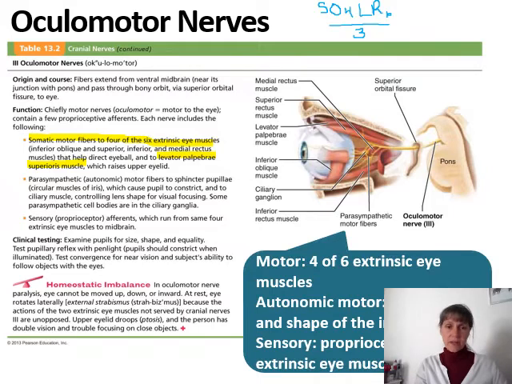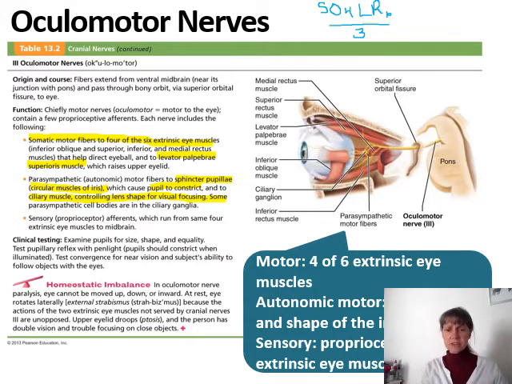And there are parasympathetic fibers to the sphincter pupillae muscles, which are the circular muscles of the iris, which is the colored portion of your eye that helps the pupil constrict. And there are also fibers that go to the ciliary muscle, which controls the shape of the lens for focusing.